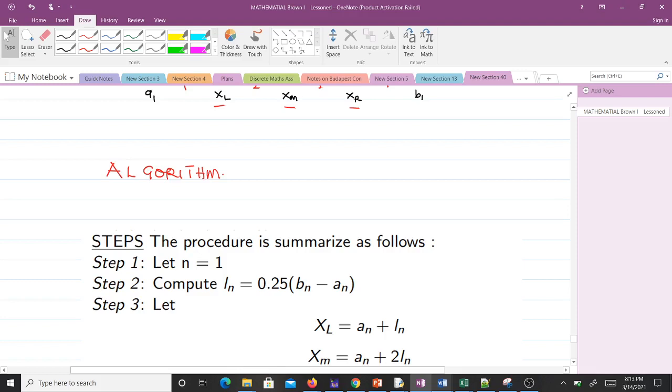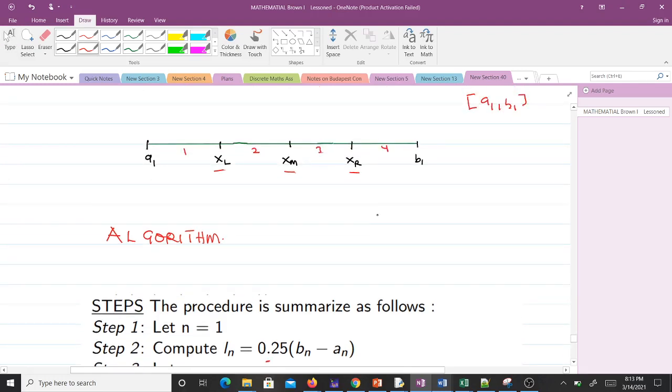So the algorithm. The procedure is summarized as follows. When n is equal to 1, that is in our first iteration, we compute Ln to be equal to 0.25 times (bn minus an). Our Ln is our interval of uncertainty, or the length between the 2 points.